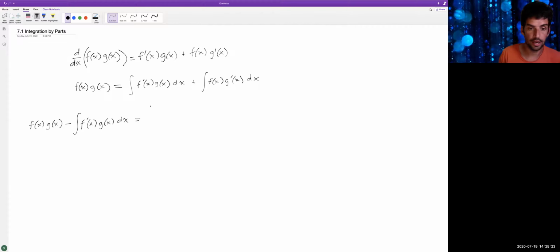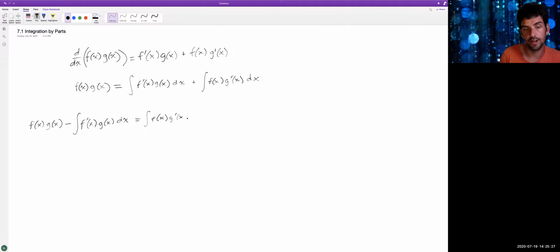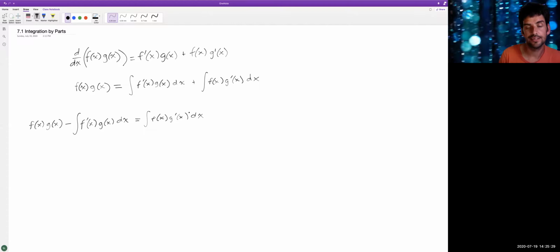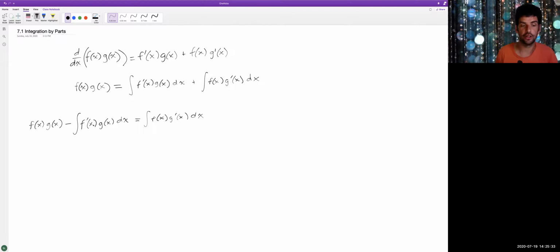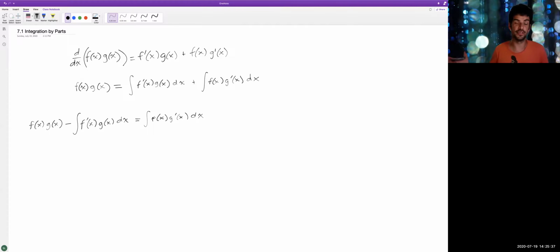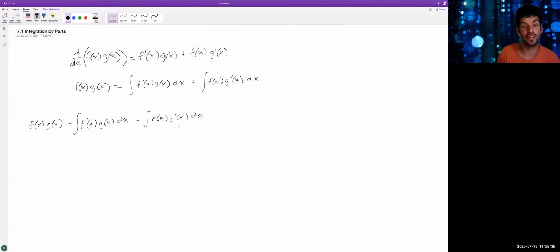And I'll have, what's left here? f of x, g prime of x, dx. And so that constant of integration I talked about, I'm just realizing when I take these antiderivatives, they'll each have a constant of integration, so they're all going to get absorbed into one at the end.